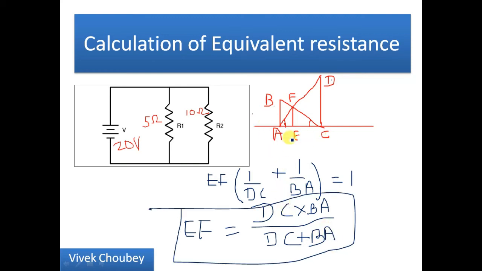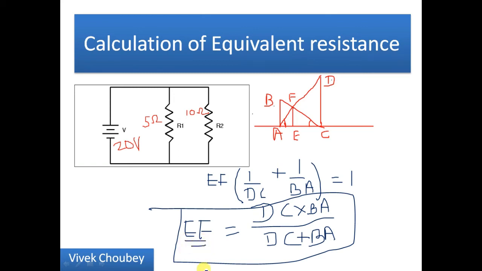So we had AB and DC as our resistors. You see the product of the two resistors, that is AB and DC, and the sum of them, the ratio between both is equal to EF, and that proves that EF is the equivalent resistance.